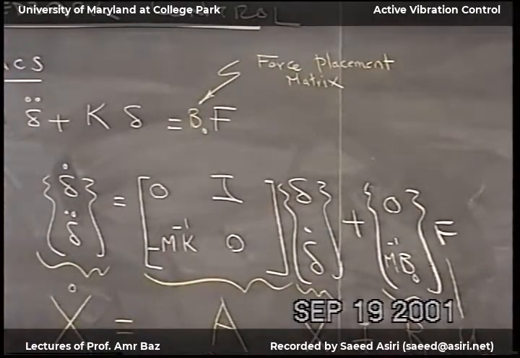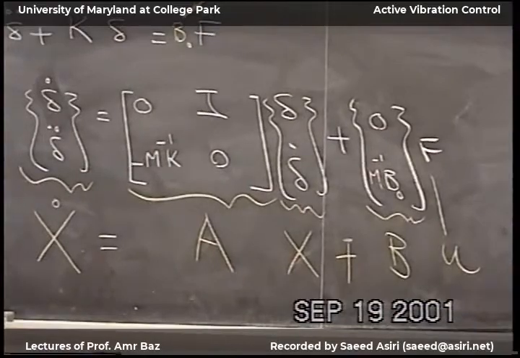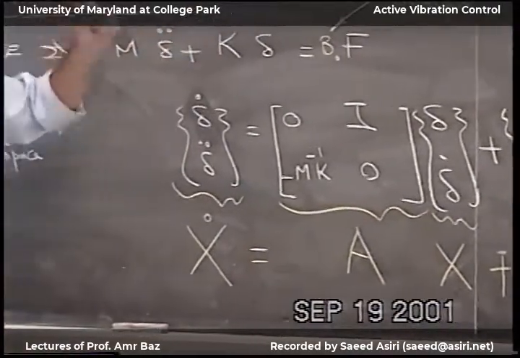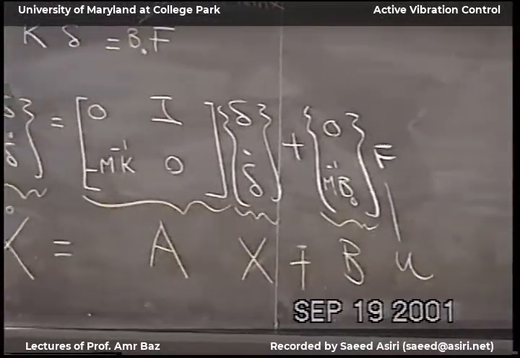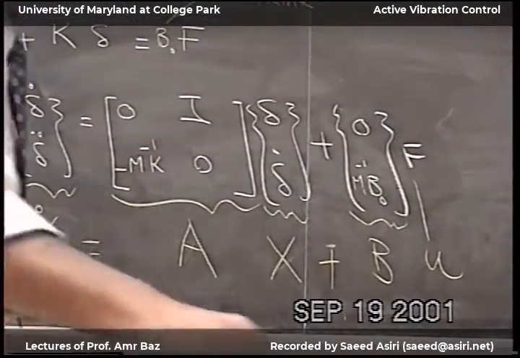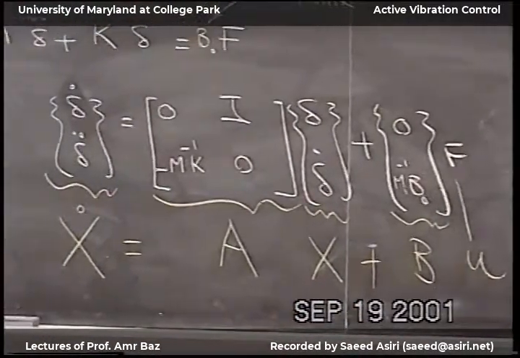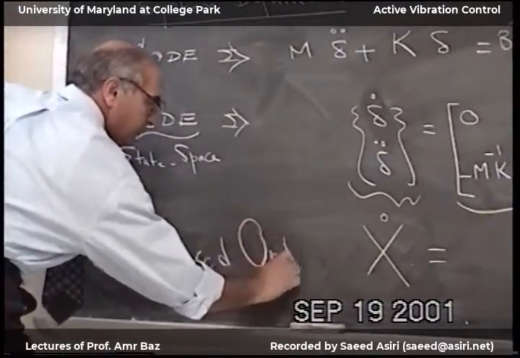So now we do the finite element, we generate the mass matrix and the stiffness matrix. We put the system in reduced order form. We reduce the order of the mass and the stiffness matrices, and then we generate the state space representation, which is this. So I'm going to just write next to this reduced order.